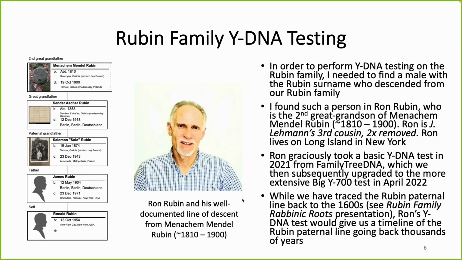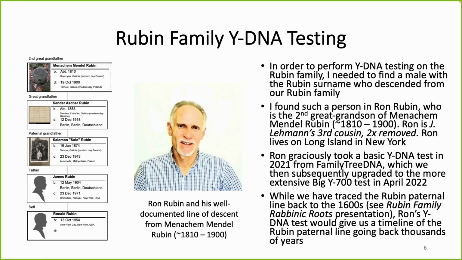Fortunately for me, I didn't have to go that much further back. Moses Rubin had a brother named Sender Asher Rubin, and I have the listing here of how his great-grandson is connected to Menachem Mendel Rubin. Sender Asher is Moses Rubin's brother. His great-grandson is a guy named Ron Rubin, who lives on Long Island.